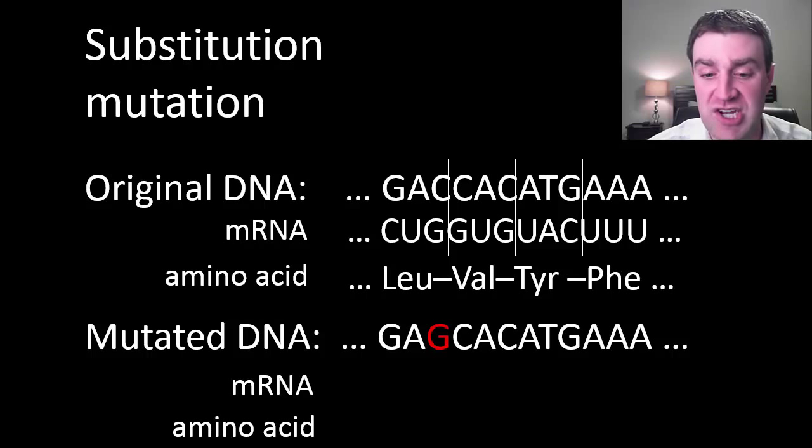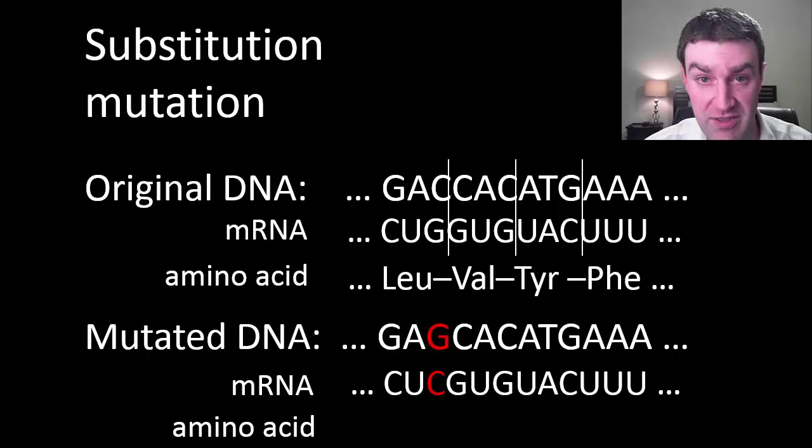So what happens if you make that change that I highlighted? This would be a substitution mutation because we're just switching one letter for another one while still keeping the same number of total letters, just like substituting one teammate for another in an athletic event of some kind. So if I made that switch, then my RNA code would look like this.